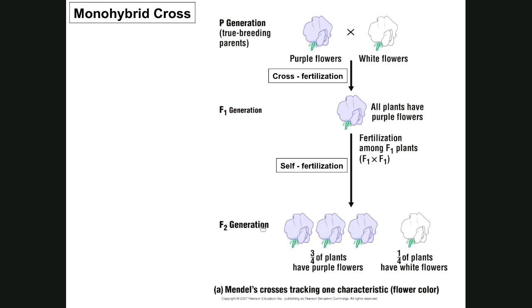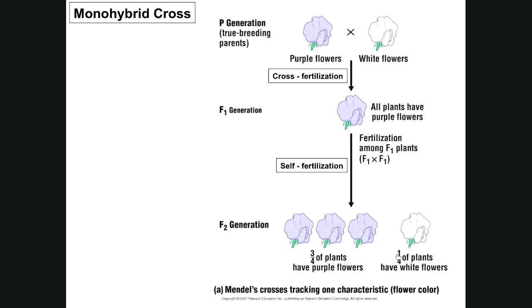Now listen, it didn't matter if he was studying the trait for flower color, seed shape, seed color. The F2 generation always resulted in a phenotypic ratio of 3 to 1. So again, it didn't matter which of the traits we were to look at here. The phenotypic ratio for the F2 generation was always 3 to 1.